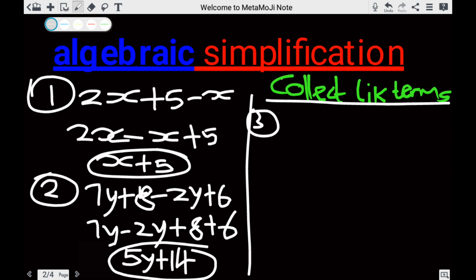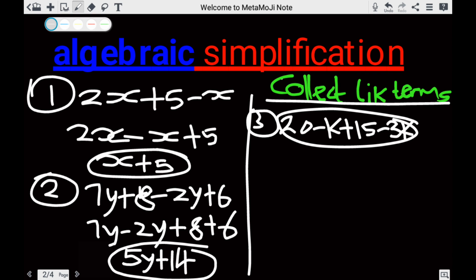So let me give you another one. Let's say you have 20 minus k plus 15 minus 3k. So how do we do this one?